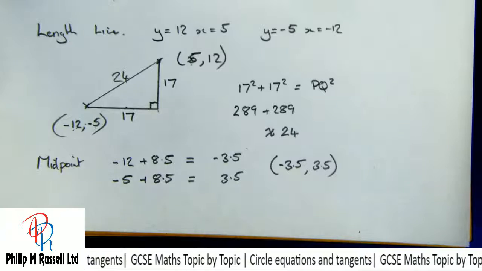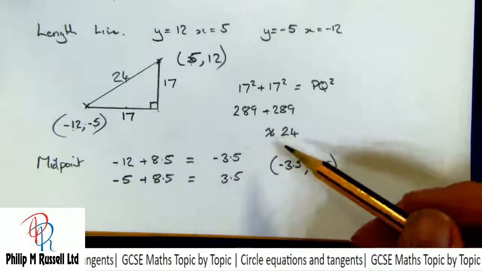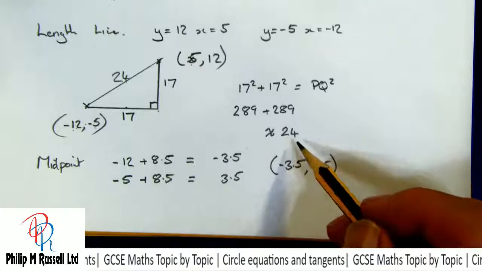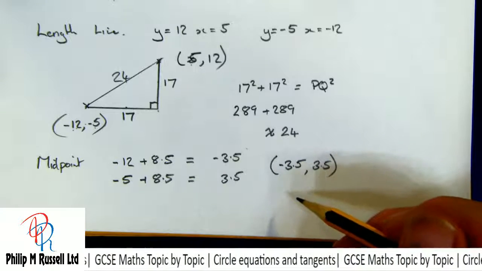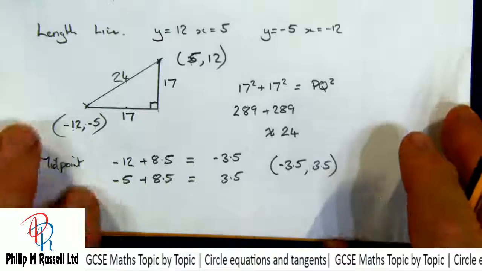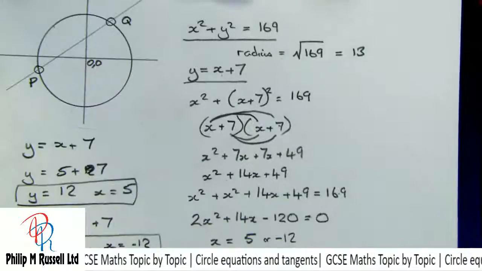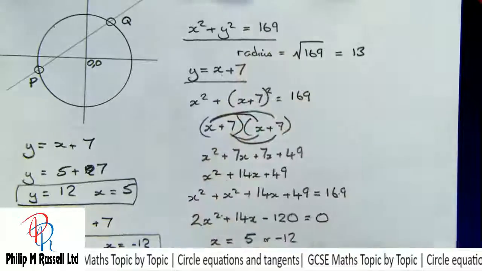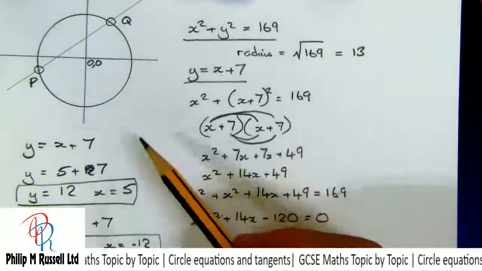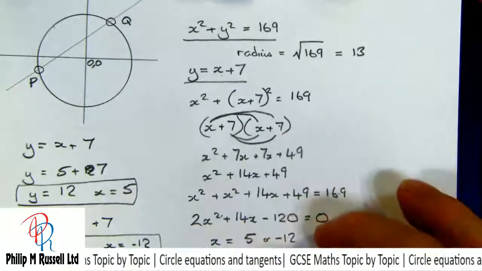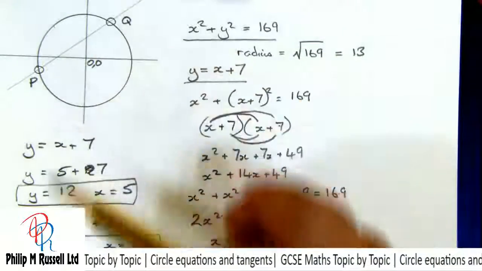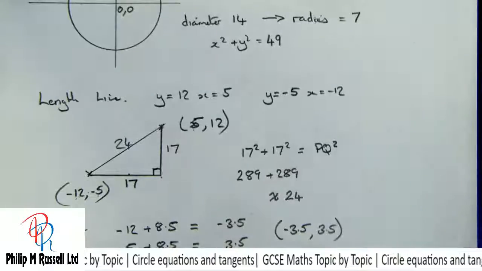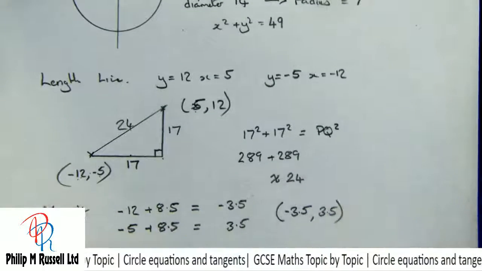So I can work out quite simply things like the length of the line and the midpoint, just when we're given exciting things like the equations of two lines, and we can work out the points where they intersect, and then from that we can work out things like the length and the midpoint.